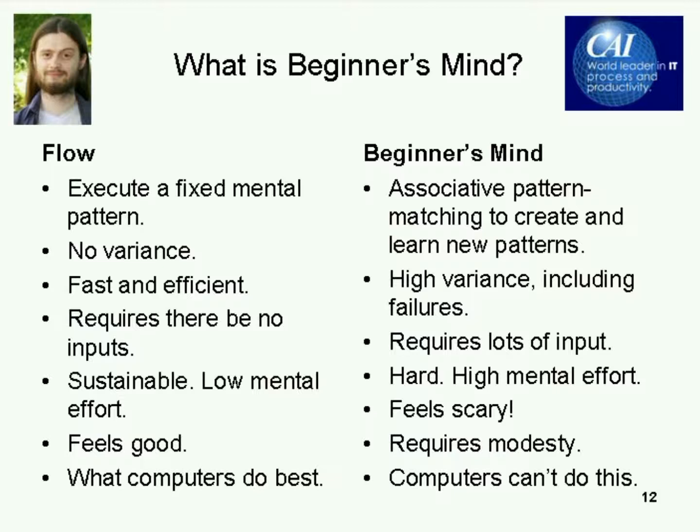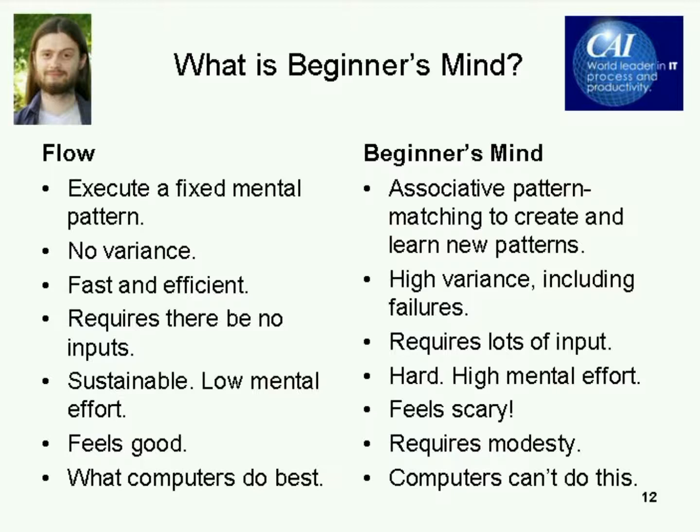So flow is a state that the mind gets in where it's executing a fixed mental pattern. There can still be some variance in this. The fixed mental pattern, when you're doing software engineering, there are variances, based on the problem that you're experiencing and interacting with. But there's not a lot of variance in terms of the problem-solving techniques, the stuff that you're using in your head.